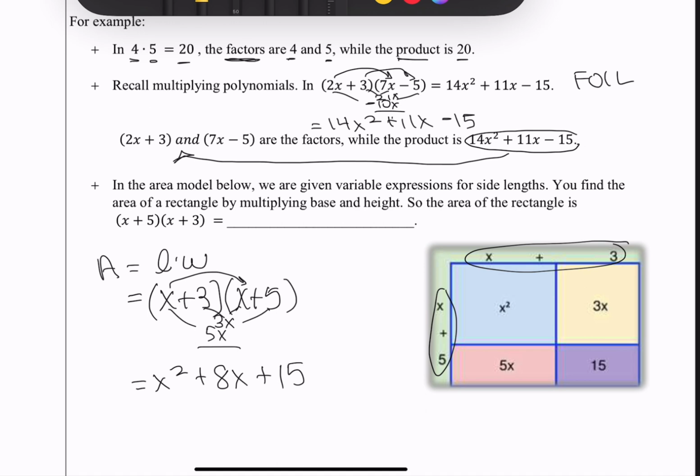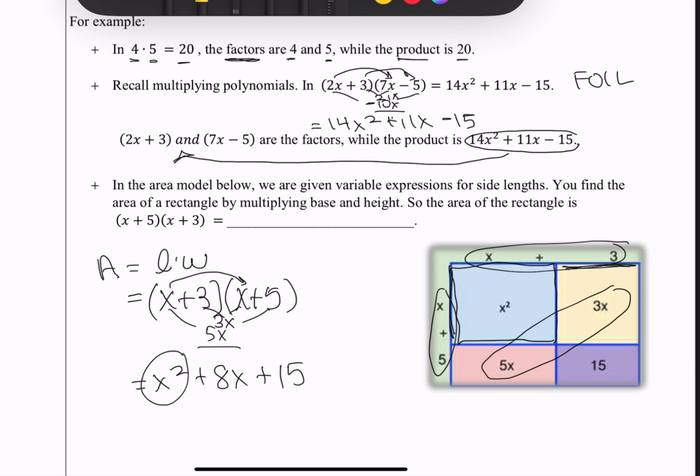Now notice where each of these come from. The x squared came from actually just focusing on this big square with a side length of x and x. I got x squared, right? And then the 3x and the 5x came from multiplying. Well, we have a length of 3 here and a length of x here, so we got 3x.